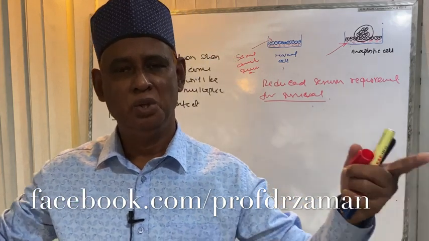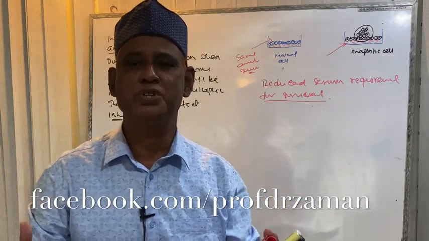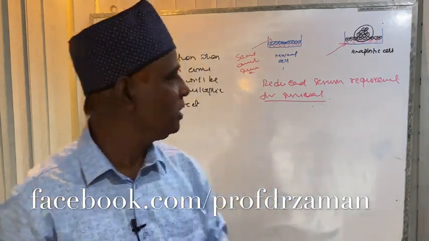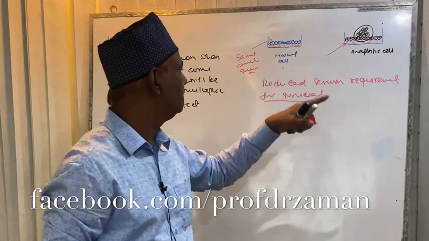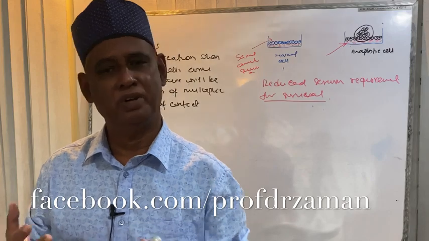Why? Because anaplastic cells require minimum serum for survival. But in case of normal cells, a sufficient amount of serum is required for survival.